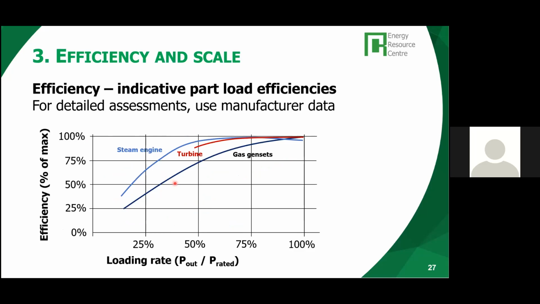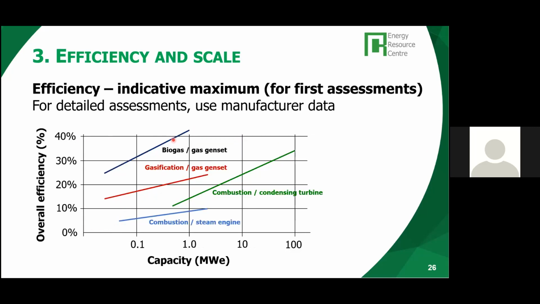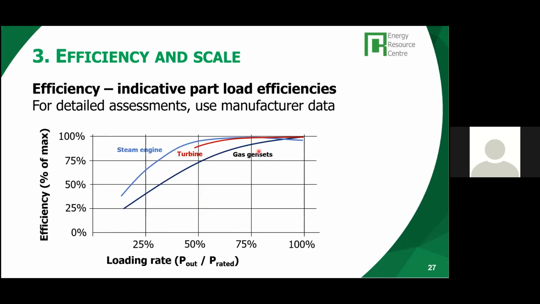So, for example, if you would have a 500 kilowatts biogas generator that could have a maximum efficiency of, let's say, 33%, then if it's well loaded, let's say 90 to 100%, you could actually get 100% of this 33%.